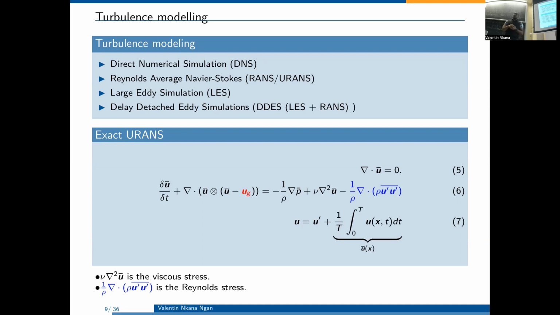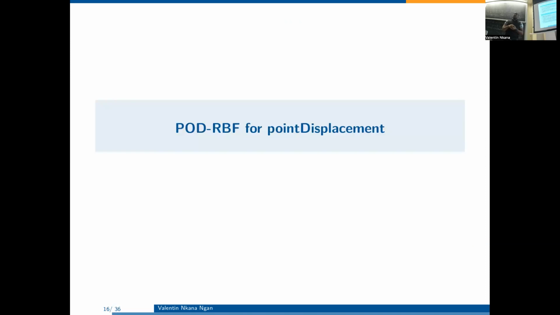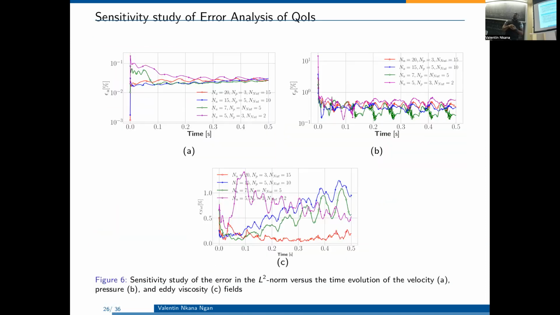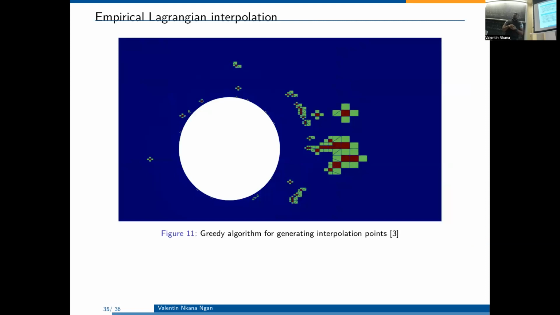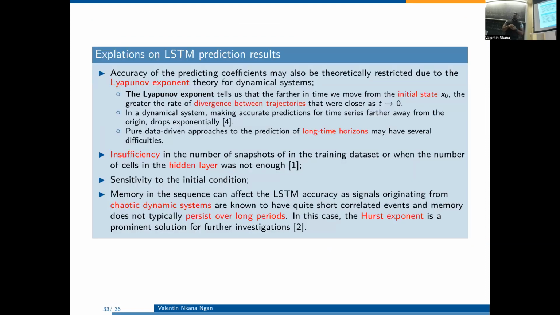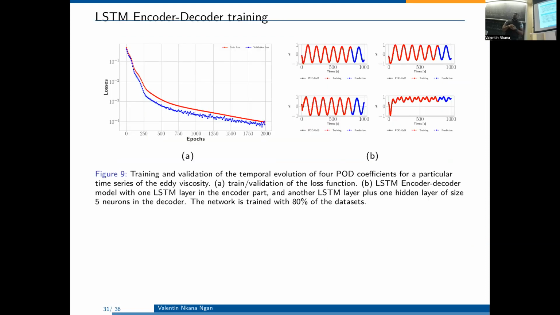Anyway, I also had this curiosity. For your training for the LSTM, where you have this mu t prediction, how did you obtain this mu t? Did you have DNS data for such a case?